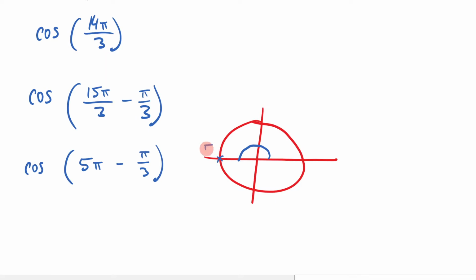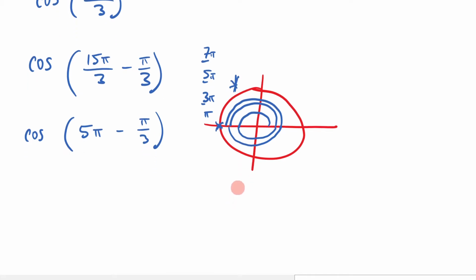This is pi or 3 pi or 5 pi, or 7 pi, because when we think about it, that's 2 pi, that's 3 pi, that's 4 pi, that's 5 pi. Do you see how when you're here, you're always ending up with an odd number? So that means if I'm going 5 pi minus pi on 3, I must be in my second quadrant.